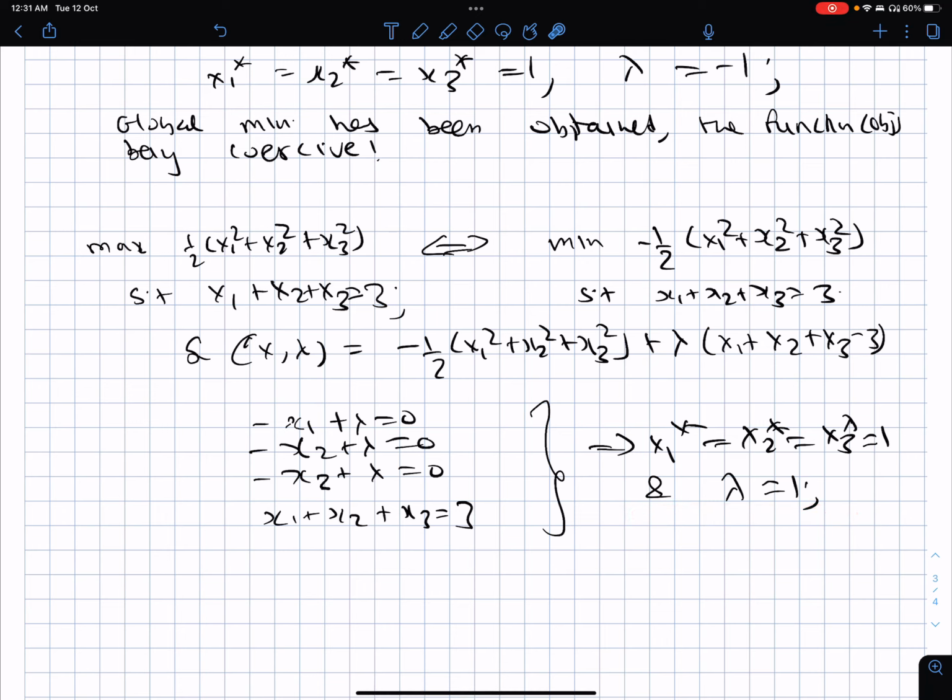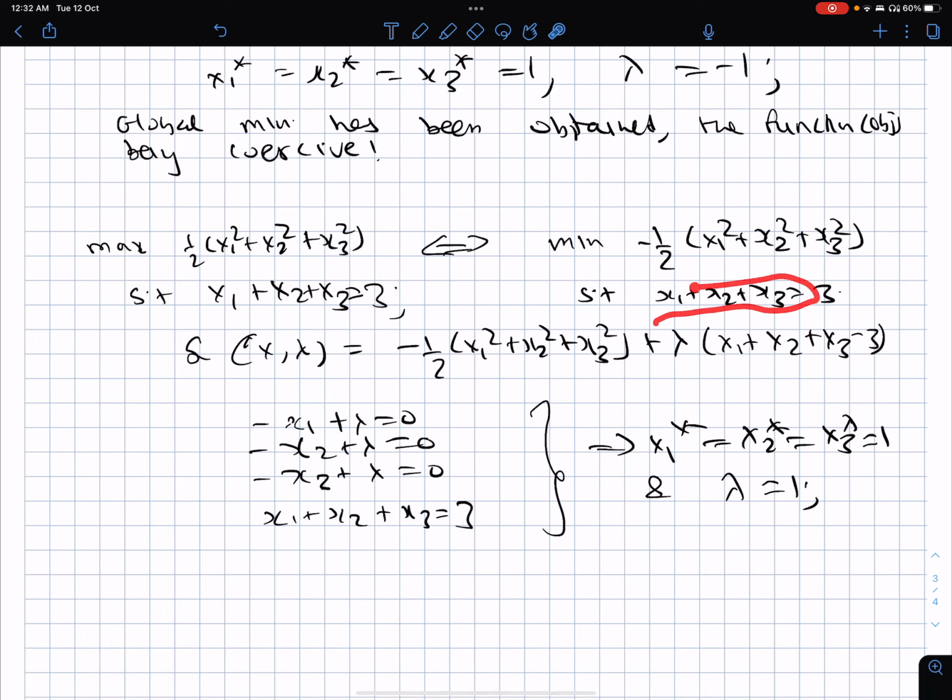So what does this mean? The first order necessary conditions of minimization have been satisfied, but we are not able to say anything about the second order condition. That's why we need second order conditions, and the second order conditions for NEP I have already derived. You can very easily check that the Hessian matrix of the objective function is negative definite.